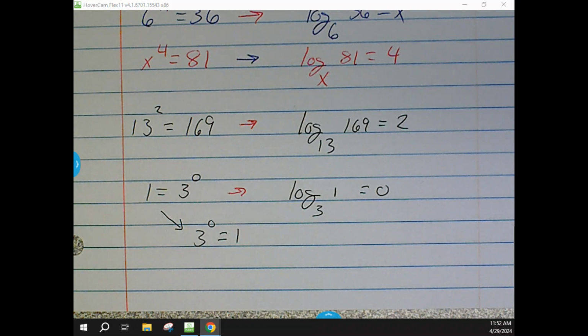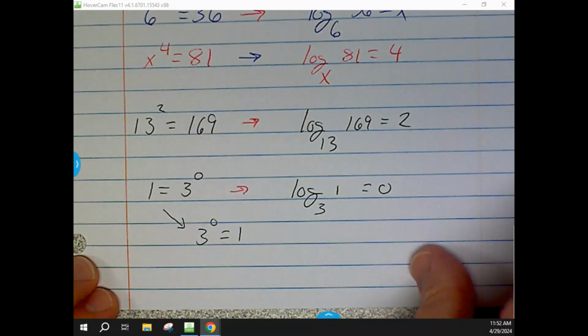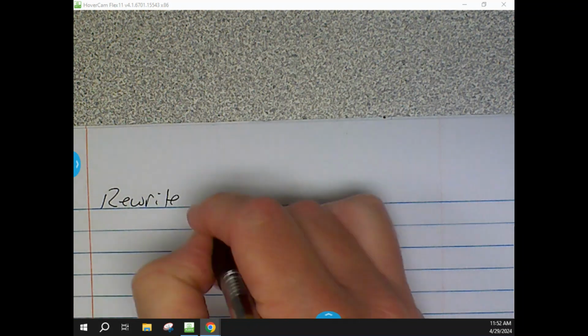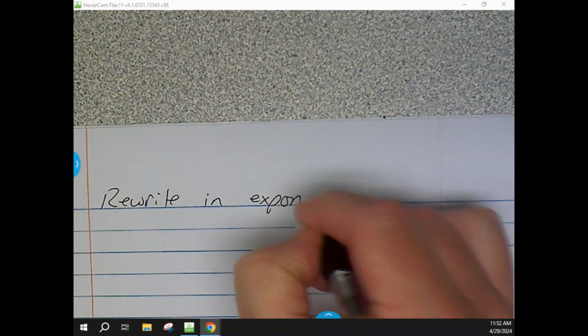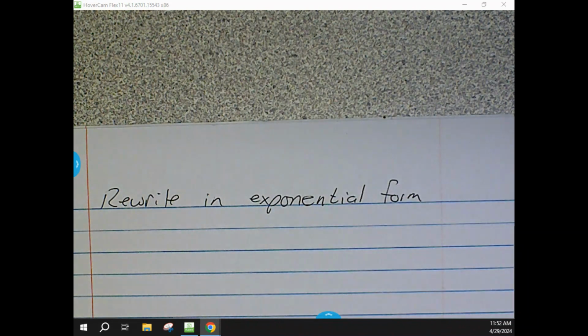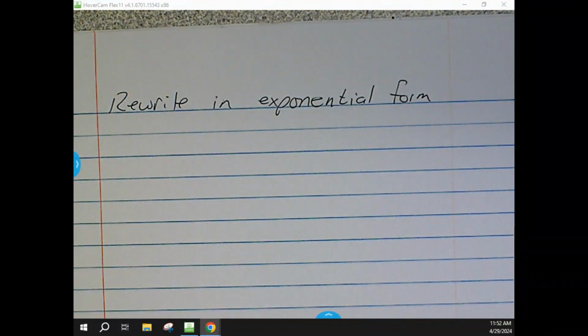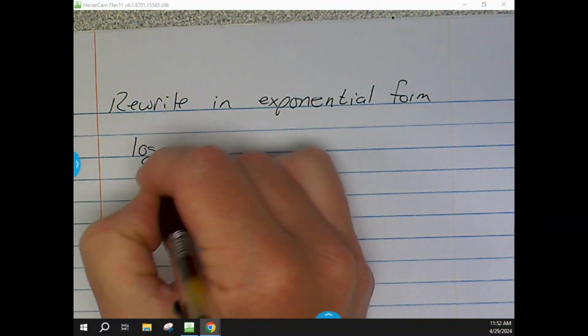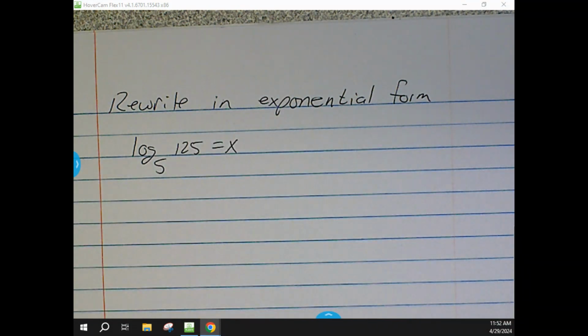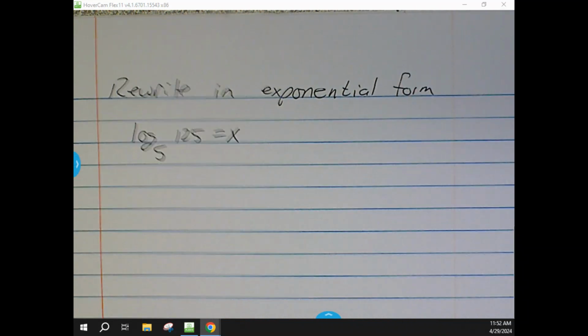Okay, now if that's easy, here comes the even easier part to me. If they ask you to take something and rewrite it in the exponential form, it says the log of 125 base 5 equals x.